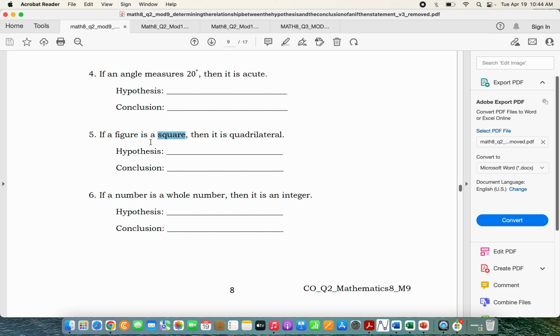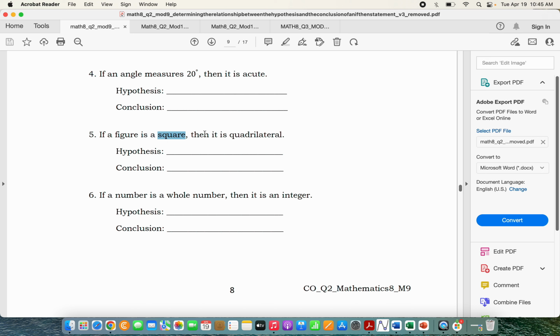So, the hypothesis is true or false? If a figure is a triangle, is it not possible to have a triangle as a figure? Hindi ba possible na may triangle tayo na figure? Possible. So therefore, the hypothesis is true.